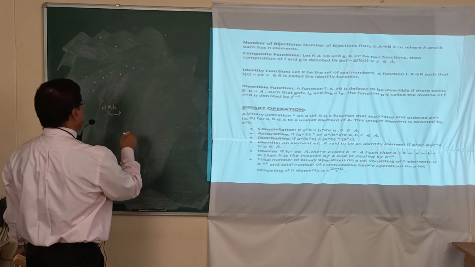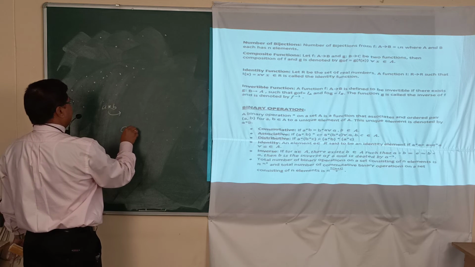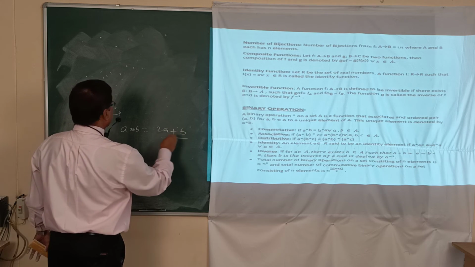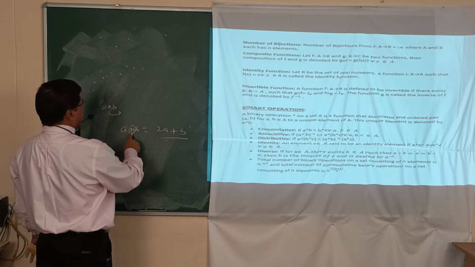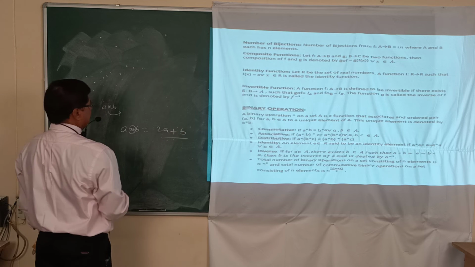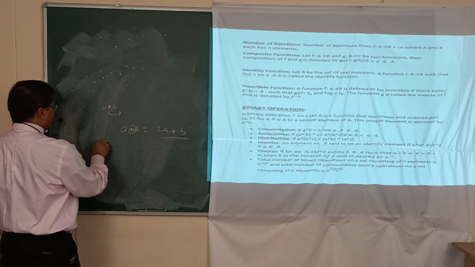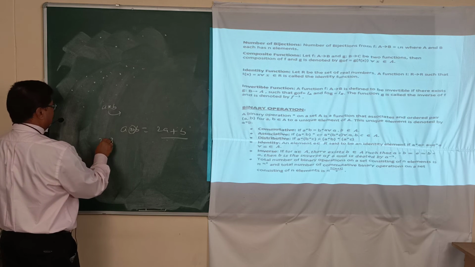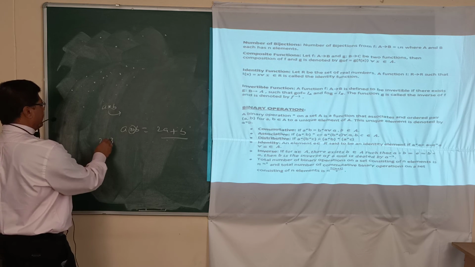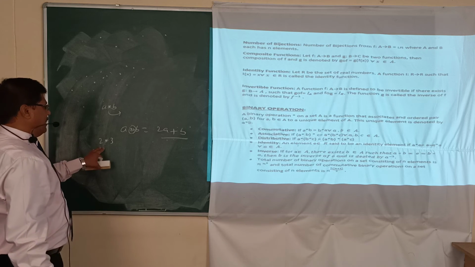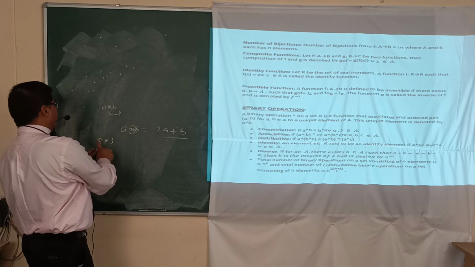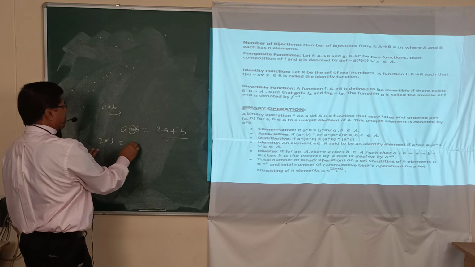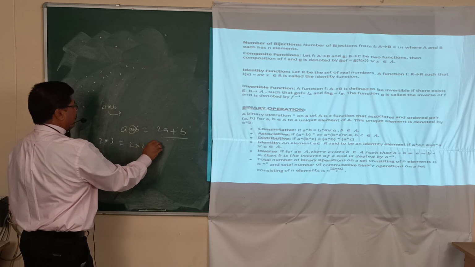In this example, the binary operation given is A star B equals 2A plus B. This operation is defined as 2A plus B, and we want to find out the operation of 2 and 3. Suppose dot, you can put here dot also. So in place of A we put 2 and in place of B we put 3 in this given relation: 2 into 2 plus 3.